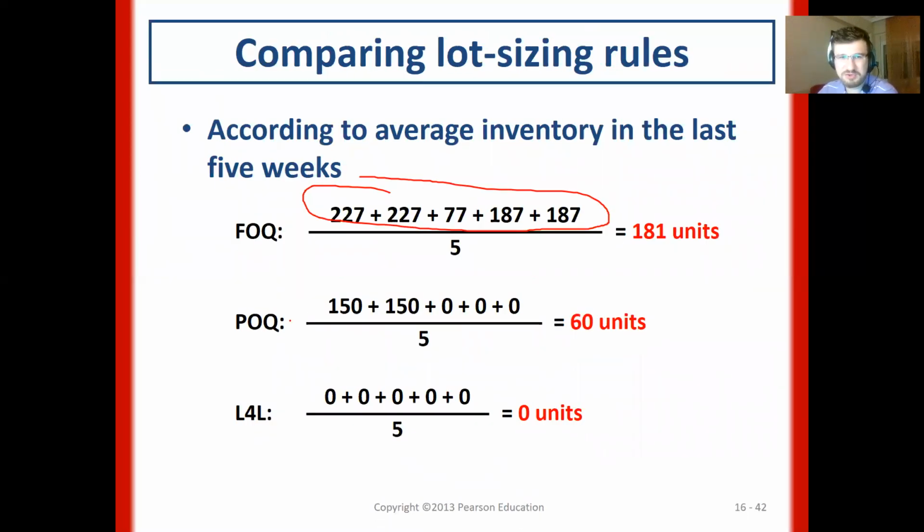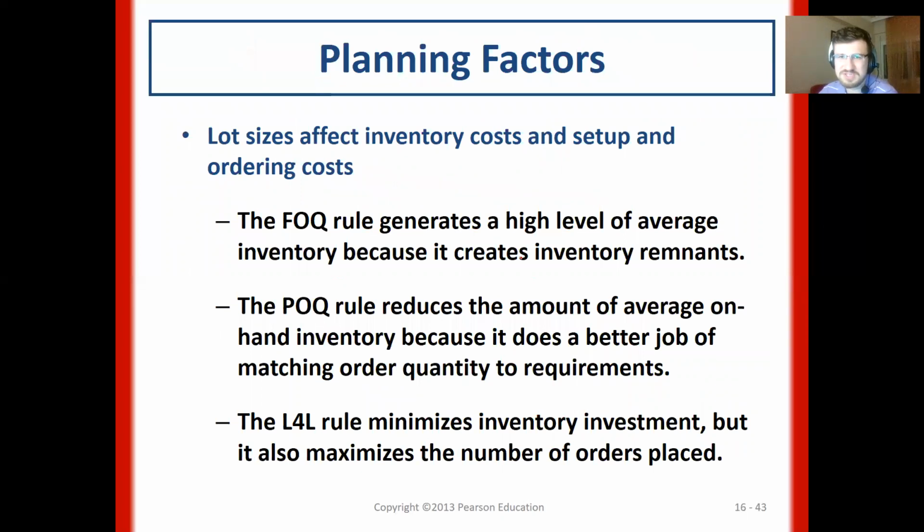And for periodic order quantity policy, the average inventory is 60, and as you can easily guess, for the lot for lot policy, it's 0. As we said before, lot for lot policy minimizes average inventory. So these are the insights we can easily derive.